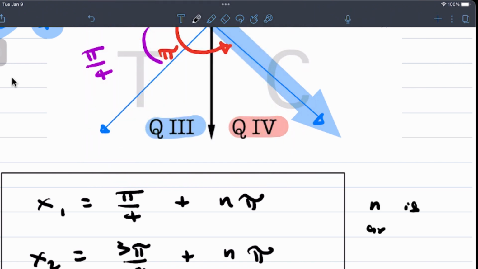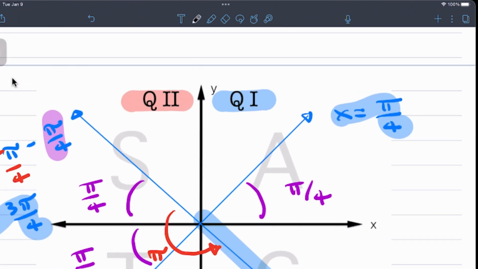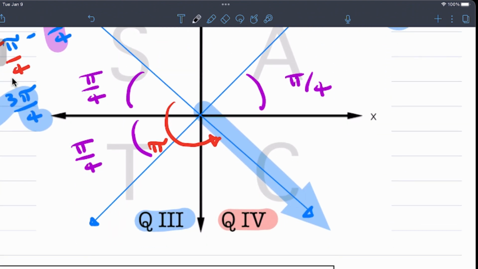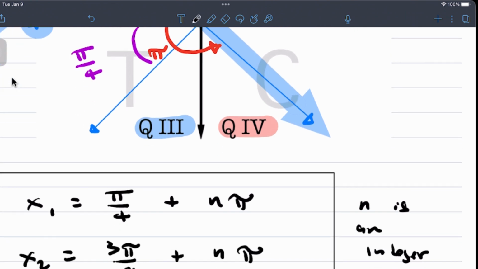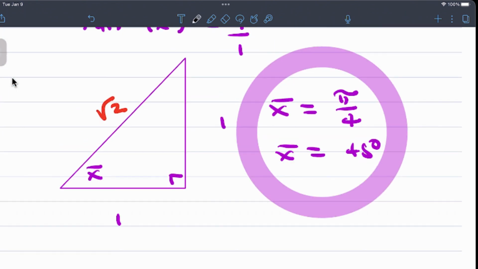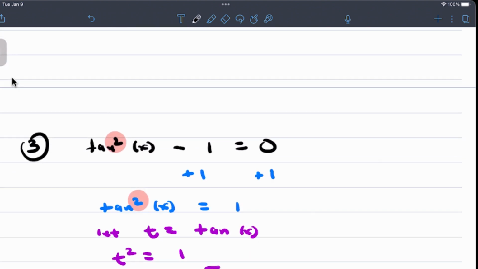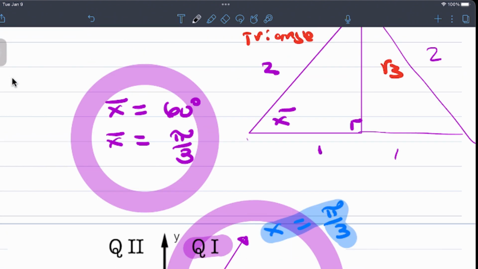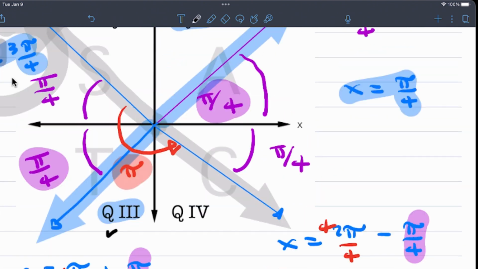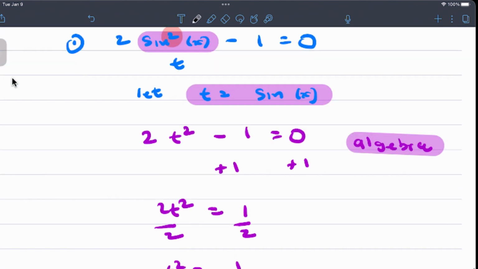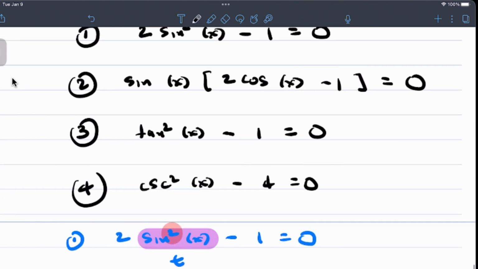N is an integer. Okay, you guys okay with that? Easy peasy lemon squeezy. All right, n is an integer now. And that's all you got to do, because they want you to find the general solution, which is all solutions here.